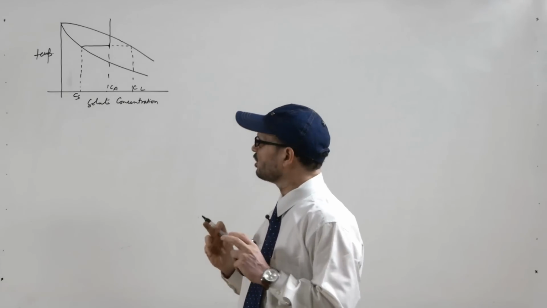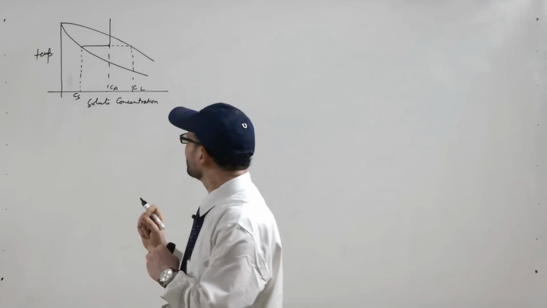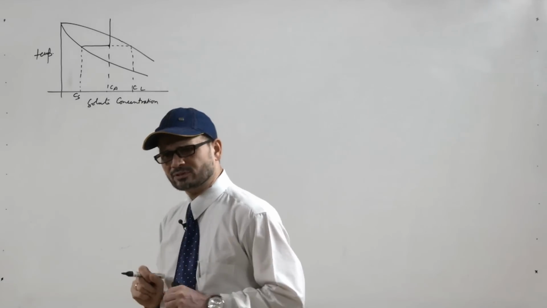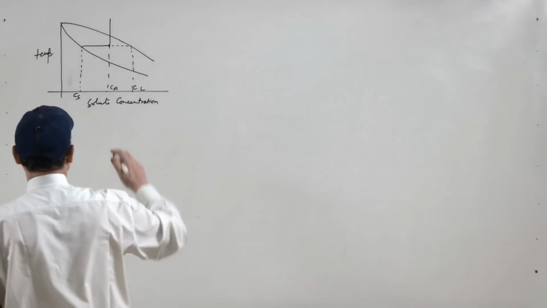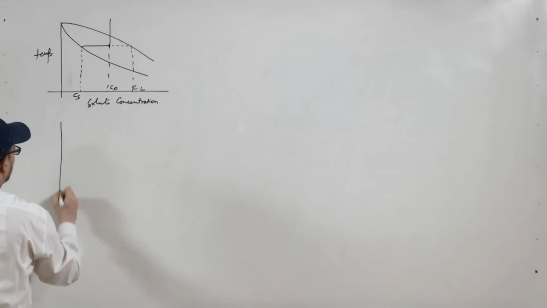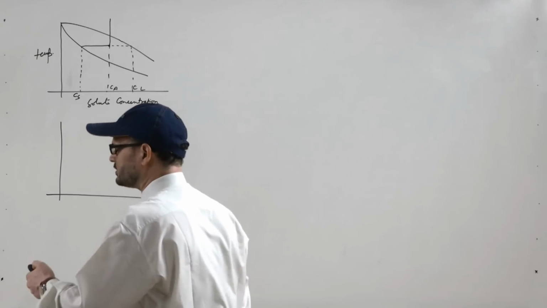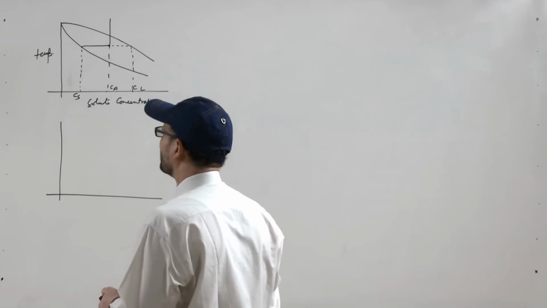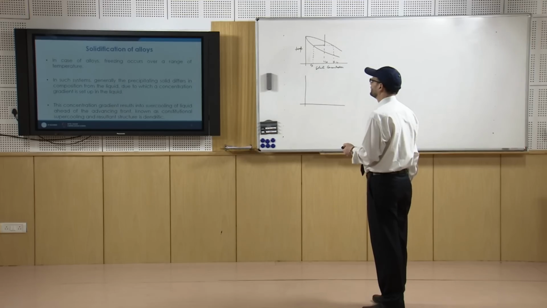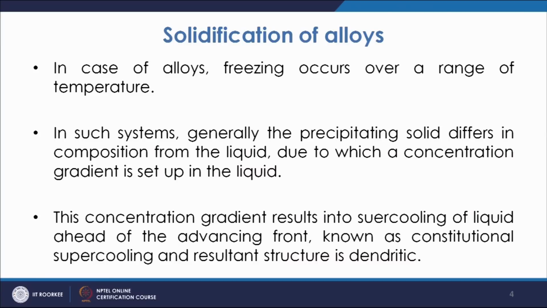So, basically because of that a concentration gradient is developed. In such systems the precipitating solid differs in composition from liquid, due to which a concentration gradient is set up in the liquid.